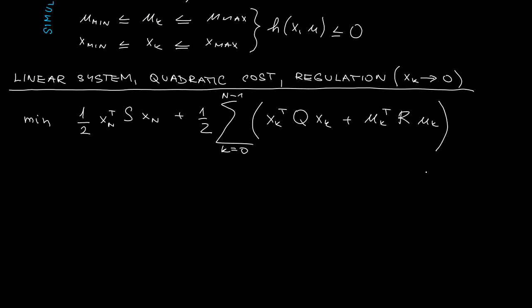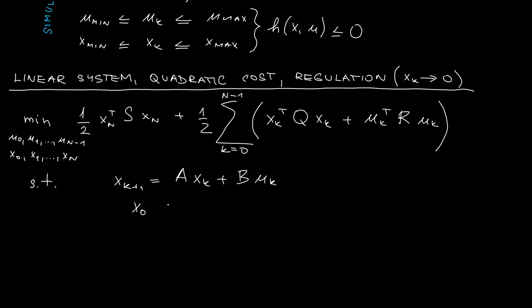And now the interval of control starts at 0 and goes to n, but note that u is only considered up to n-1, because that's the only time when it influences the state at n. Now the constraints come in the form of a classical state equation, and the initial state is given. First, we will not consider constraints here.